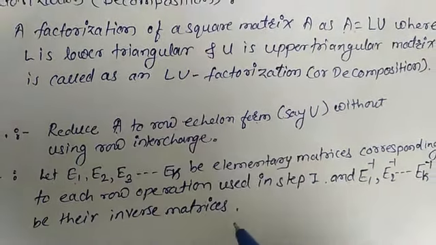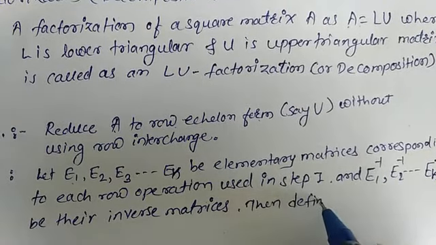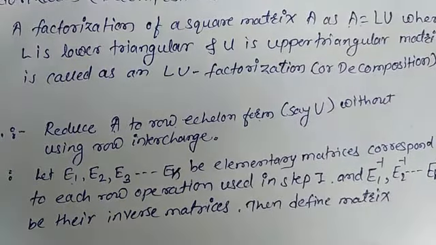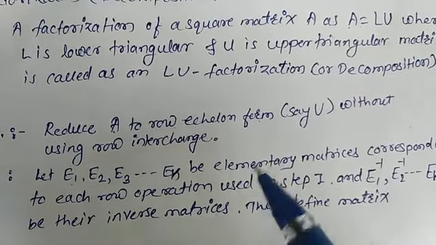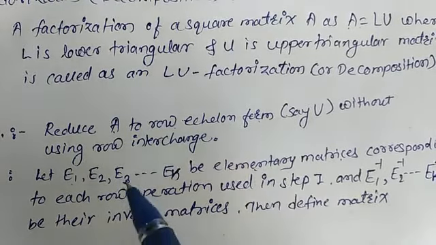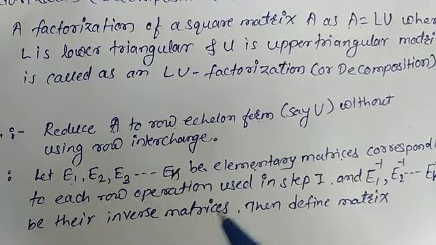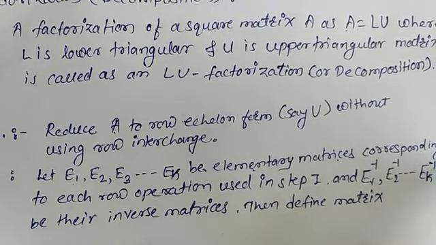After getting row echelon form, we have row operations, and from that we can obtain elementary matrices E1, E2 up to Ek, and from the elementary matrices we find their inverses, E1 inverse, E2 inverse up to Ek inverse.